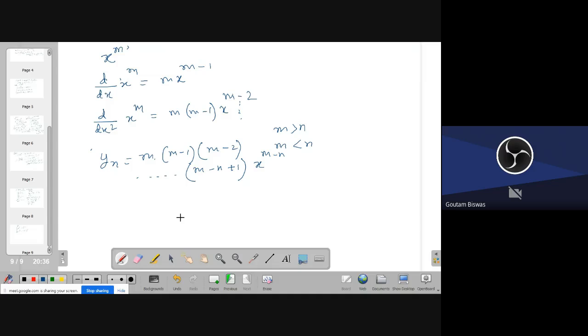But when m is less than n, you have to differentiate up to n, so yn will be equal to 0. In this way you have to calculate.